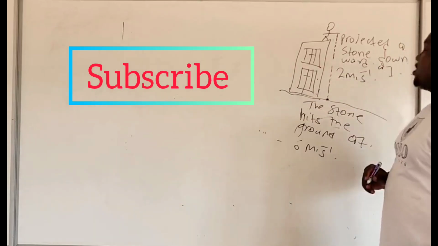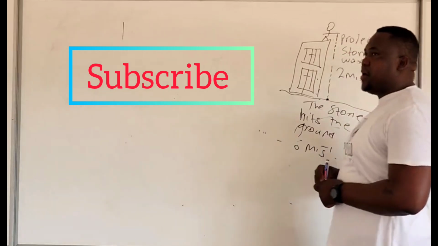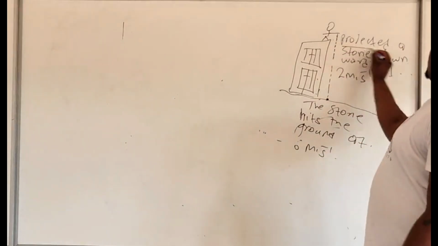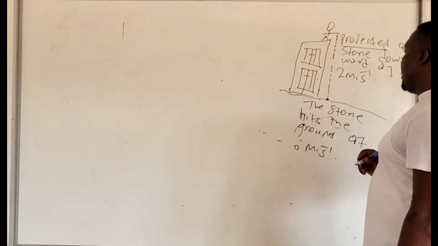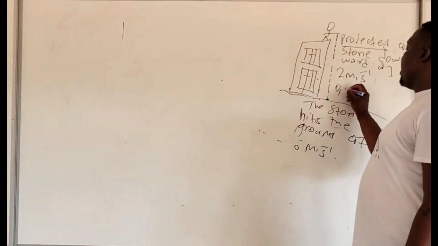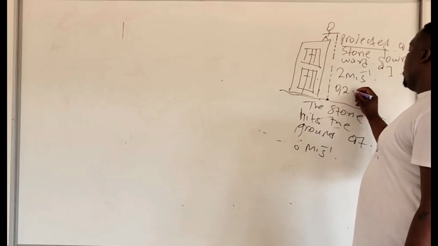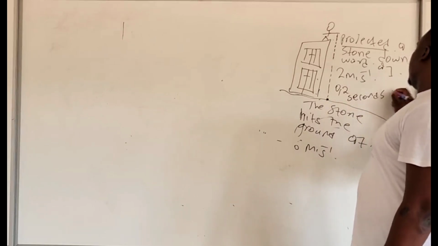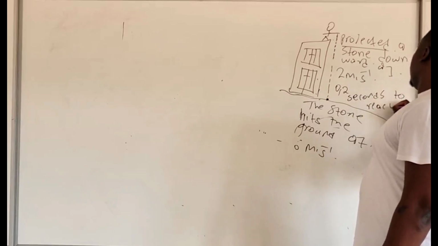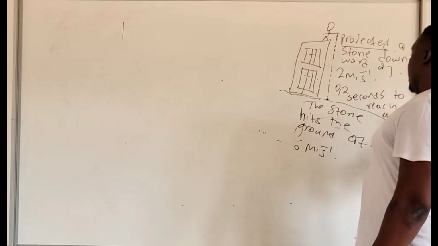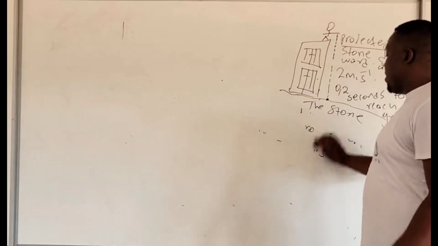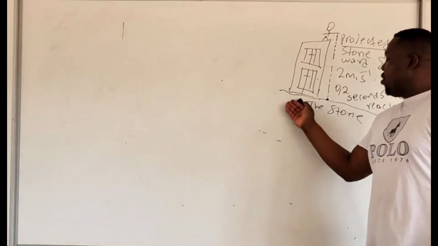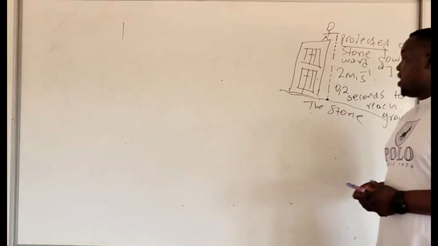You see, the initial velocity of this stone will never become zero because the stone was projected. So since the stone was projected at 2 meters per second and it took 0.2 seconds to reach the ground, I'm doing the same thing, but I'm changing the phrases so that you can understand.